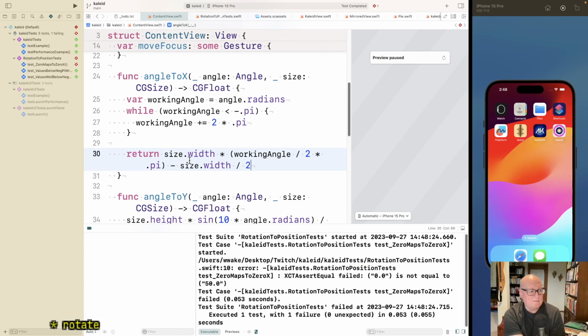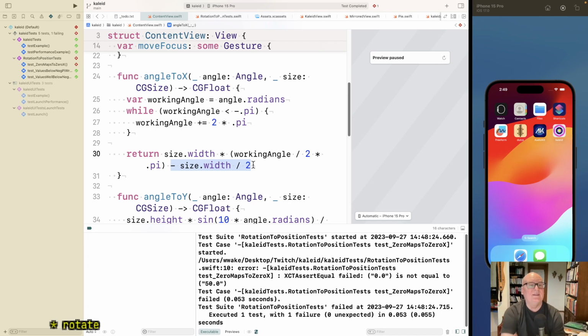So if it came up 0, no, that's still not quite right. Zero degrees should be half of the screen, the width.